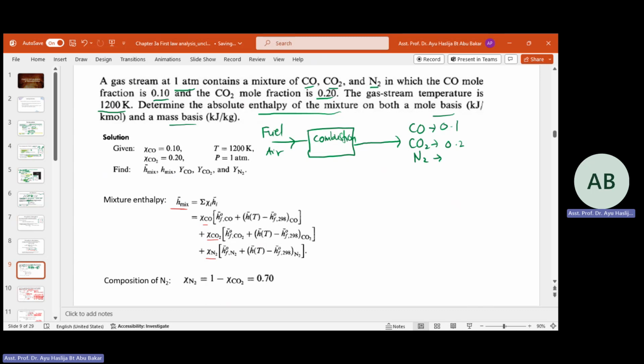So N2, yes, remaining. So 1 minus everything, 0.7. Right? So 1 minus 0.1, 0.2.